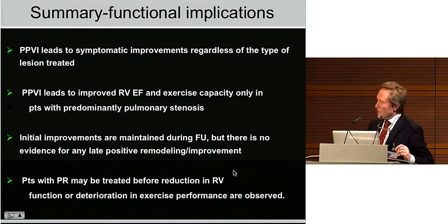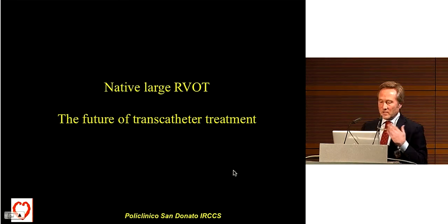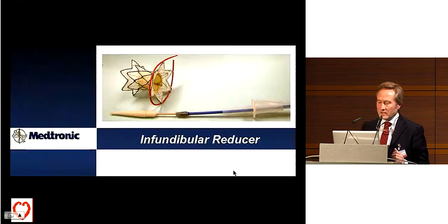That's why patients with pure regurgitation may be treated before reduction in right ventricular function, or to prevent irreversible deterioration of the right ventricular parameters. But how can we treat very large, purely regurgitant lesions? So the native large RVOT, this is the challenge for the future.